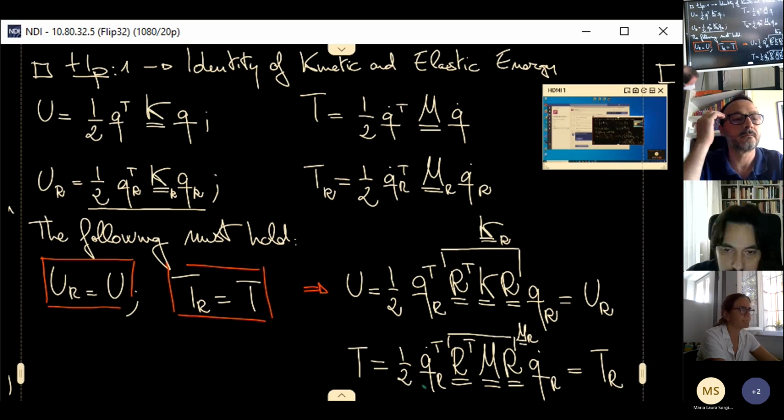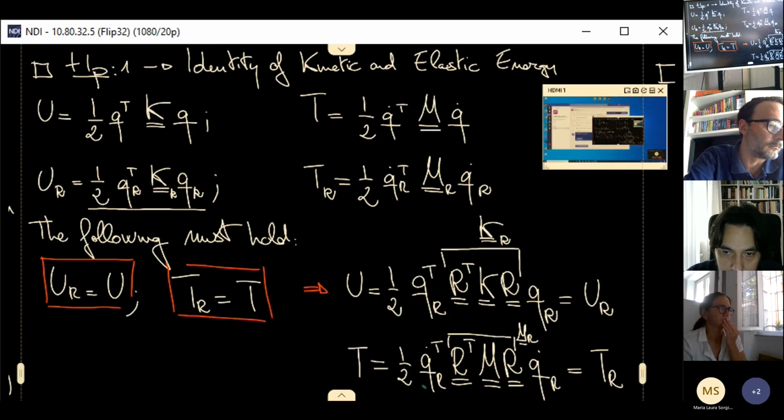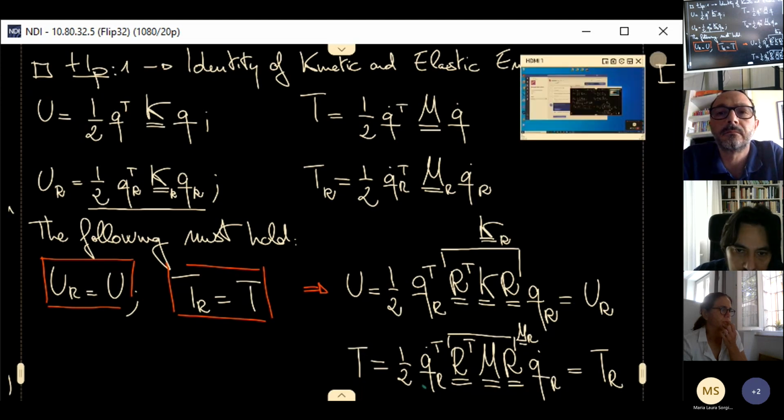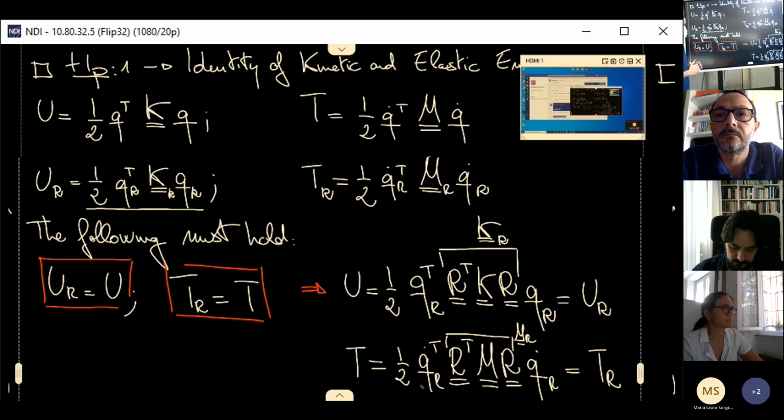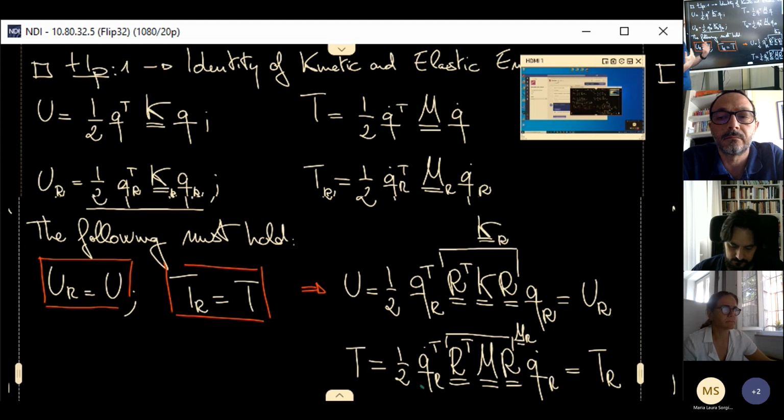So again, the second simplifying hypothesis that we're going to make is that we subdivide the overall number of coordinates into master and slave coordinates, and the idea is to relate the slave coordinates to the master ones, so that eventually we only deal with the master and the slave will follow.